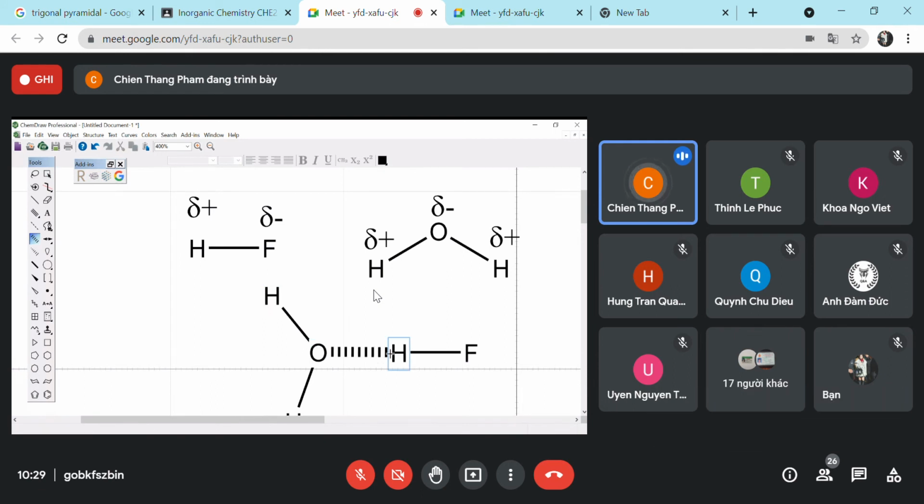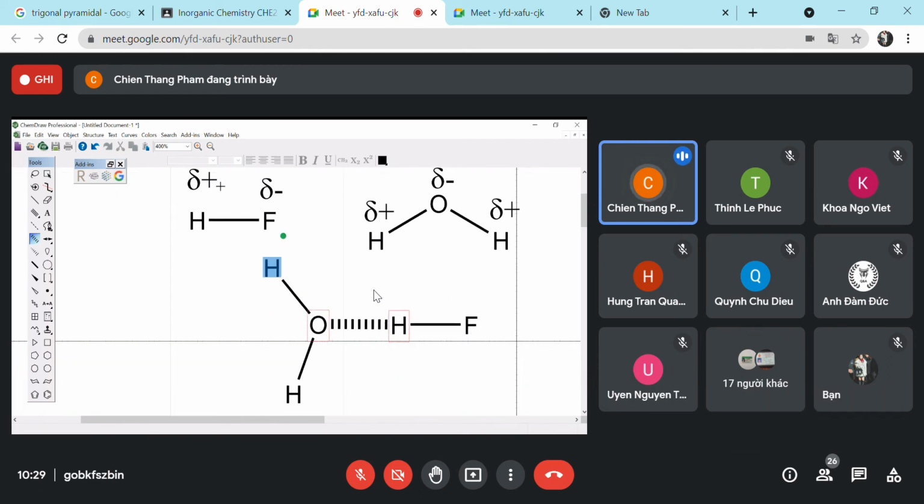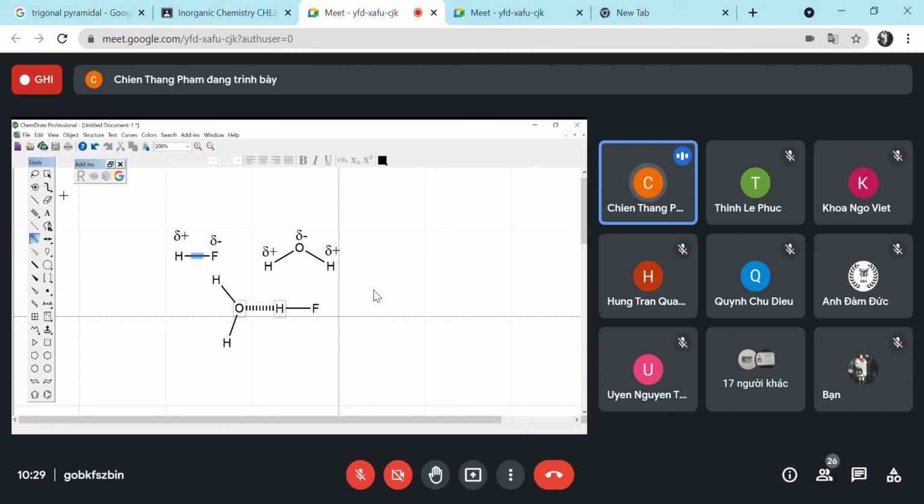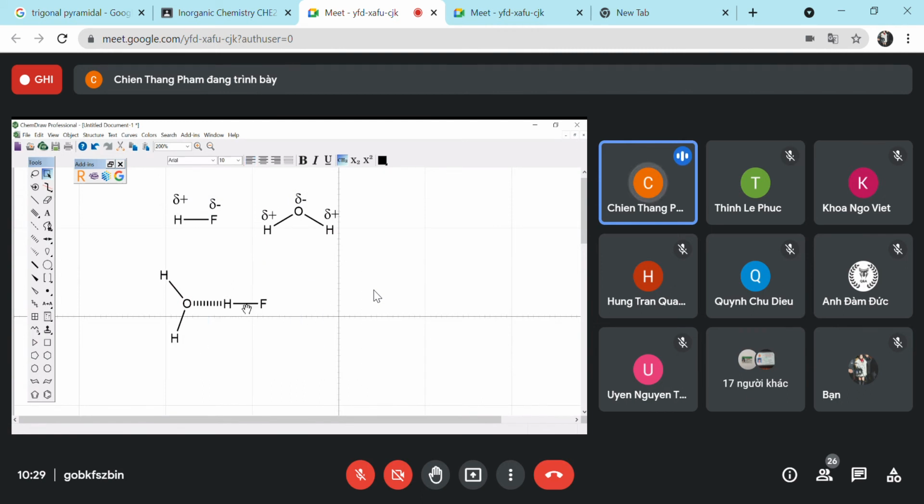Okay, so let's think about it. The first one is the first type of hydrogen bond, between hydrogen of fluoride and oxygen of water. Now another one is between hydrogen of water and fluoride of HF.